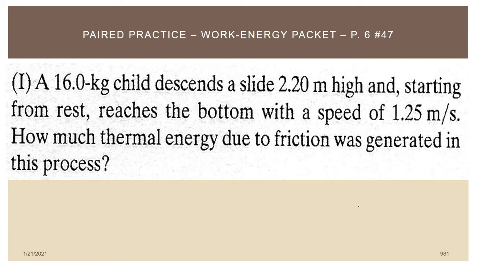If you've been watching all these videos, you should be fairly familiar by now that when you take gravitational potential energy and convert it to kinetic energy, you get mg delta y equals 1/2 mv squared. And when you solve that for v, the final velocity, you end up getting the square root of 2g delta y, which is really similar to the result you would get from the time-independent kinematic equation if the object started from rest.